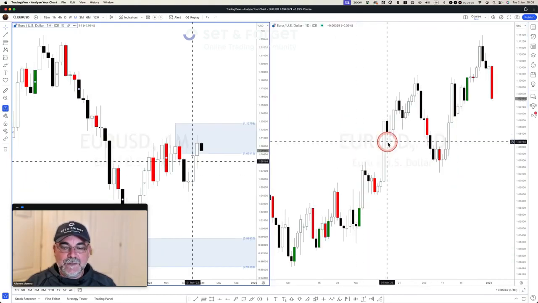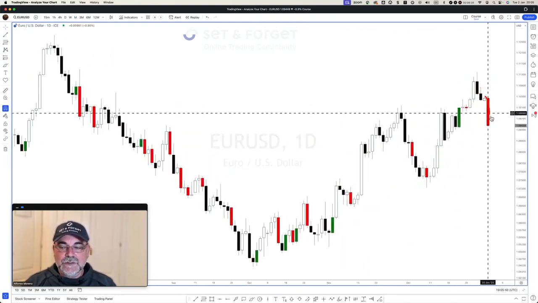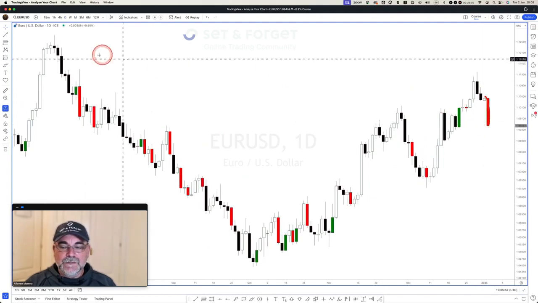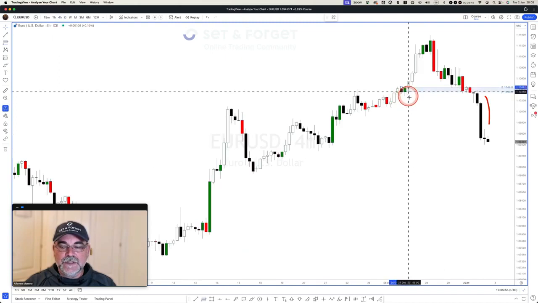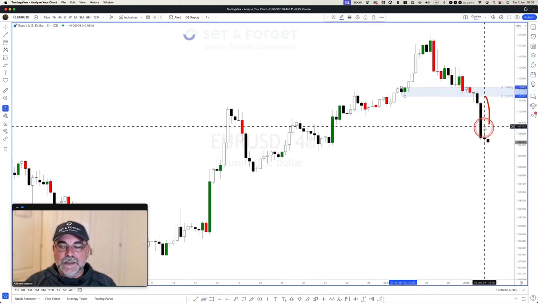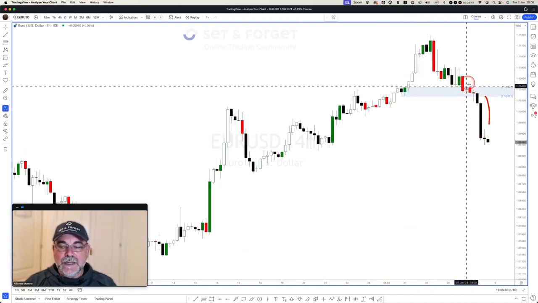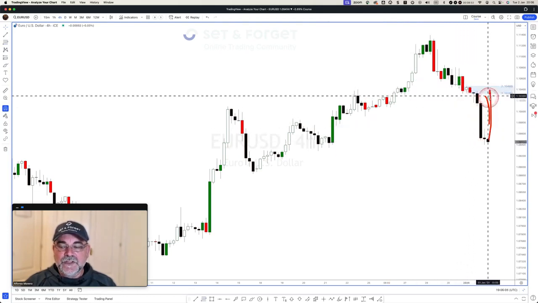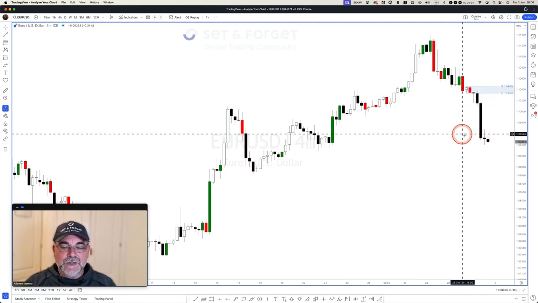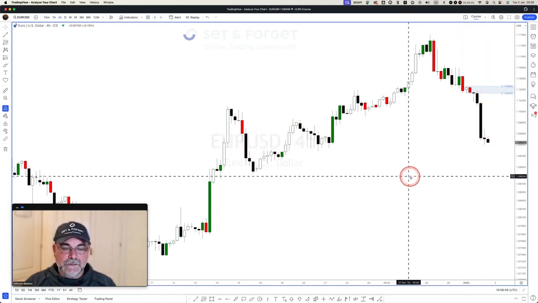On the smaller time frames, when we look at it, the euro dollar is dropping. If we move to the 4-hour imbalance over here, that was holding before the end of the year, it's been dropping. And now we've got an area of supply over here and there. It could return in the next 2-3 days, and from there continue dropping.